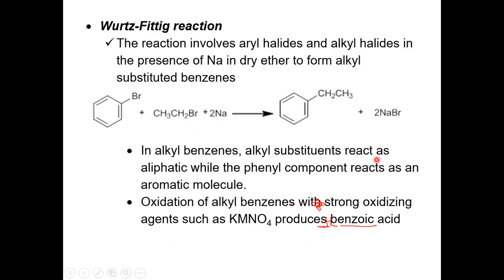Now, this is how the mechanism will proceed. The bromine will be removed by the sodium. This one will also be removed by the sodium. They are good leaving groups anyway. And then there will be direct connection between the carbon that was bonded to the Br and the ring where the Br was.